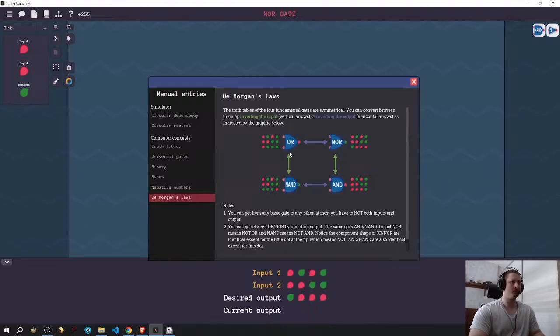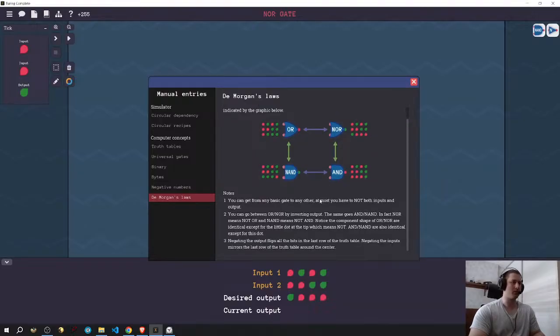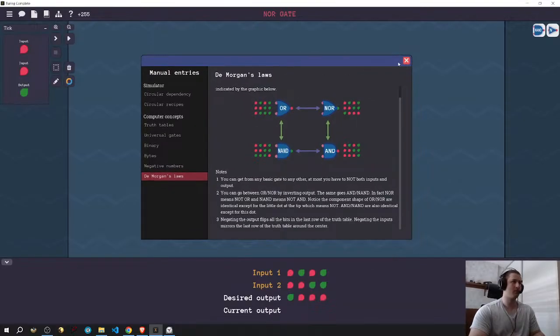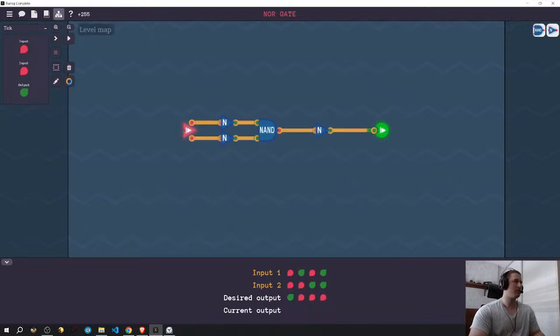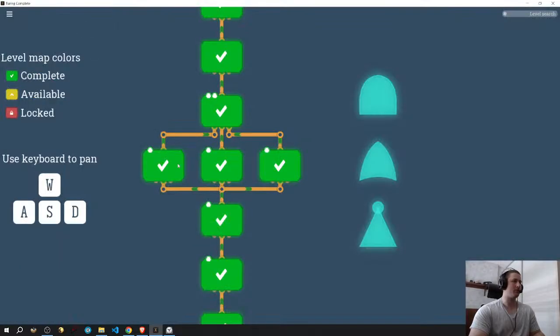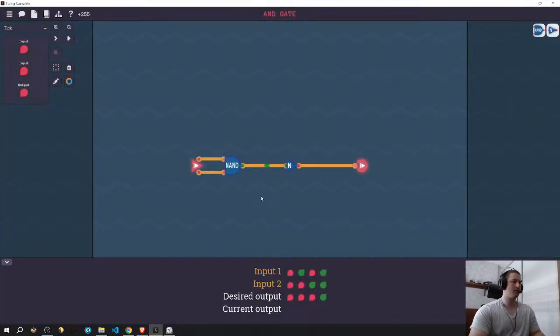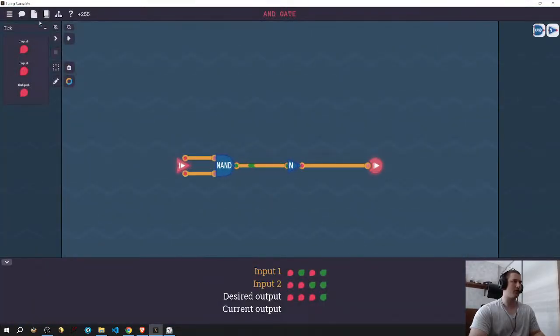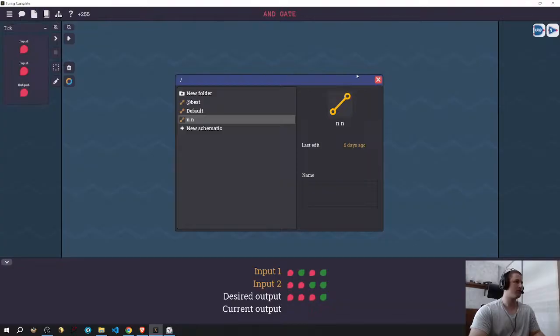Yeah, the solution is the NOR gates. So this is the AND gate, because it inverts the inputs only. This is the OR, I think. No, this is not. So this is the AND. So the other one is the OR.